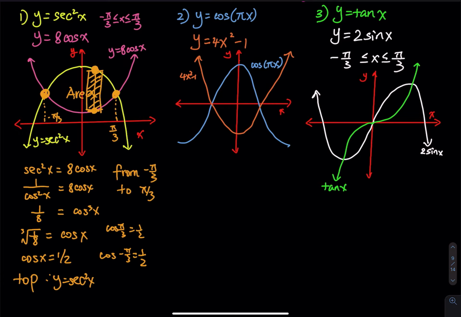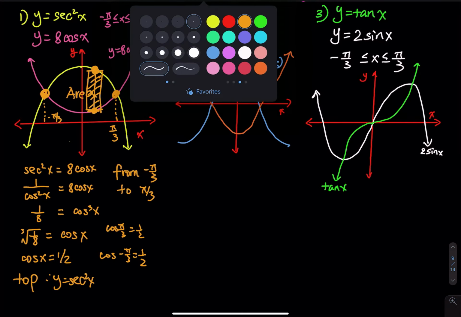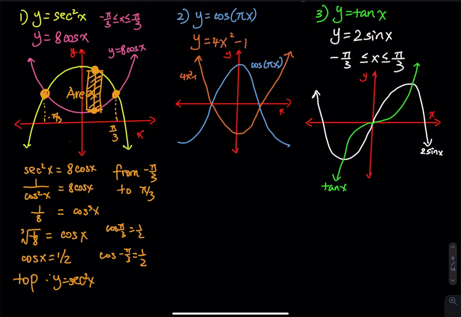Maybe I labeled the graph wrong. Maybe, not maybe. This one I labeled the graph wrong. So this is supposed to be cosine. So let's fix that right now using a different color. So the parabola that is facing down, that is supposed to be 8 cosine x.